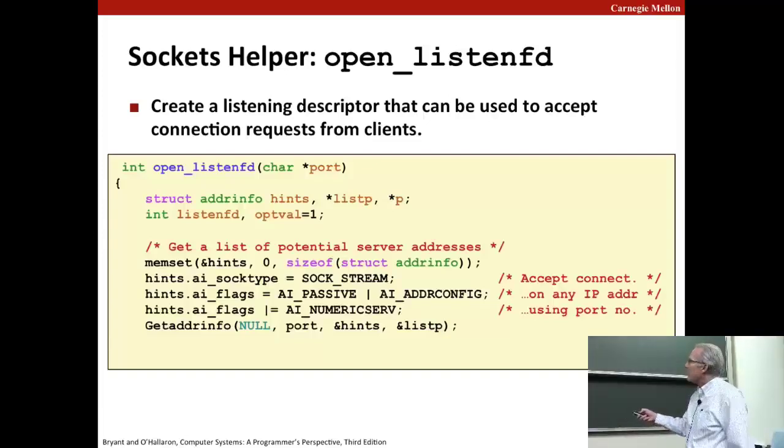I'll say that I'm going to tell you a port number that I'm going to actually use as my server's port number. And then I'm going to make a call, and this time you see that I'm not giving any information about the host because I am the host. But I'm giving the information of the port number that I'm using for this server, and the other hints that I've just filled in, and then it will return a list p.